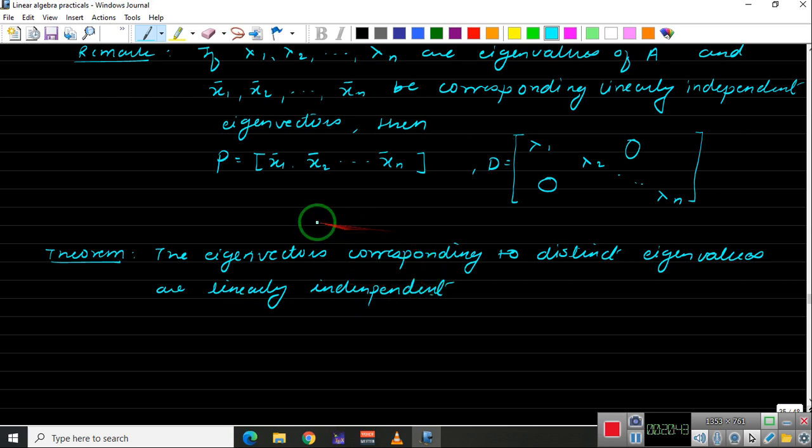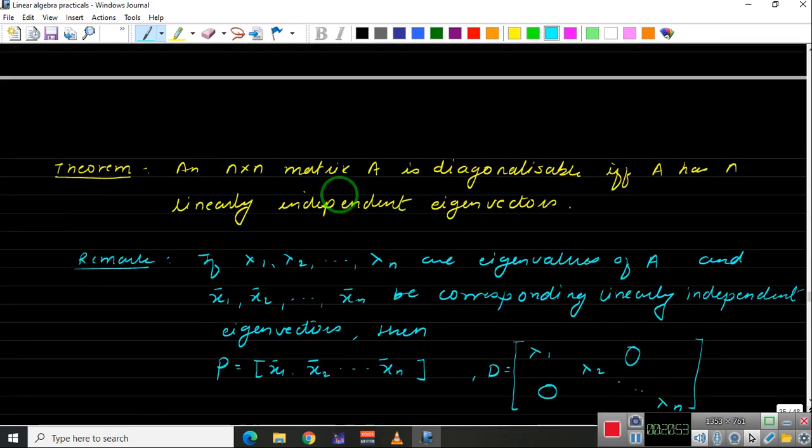So if a matrix has distinct eigenvalues, then the corresponding eigenvectors are linearly independent, and if the corresponding eigenvectors are linearly independent, then we can show that the given matrix is diagonalizable. So if we have a 3 by 3 matrix and suppose the eigenvalues are different, not equal, then we can say that the matrix is diagonalizable.